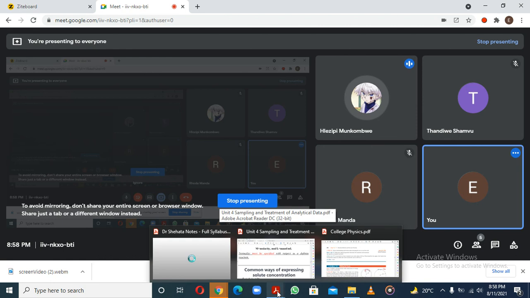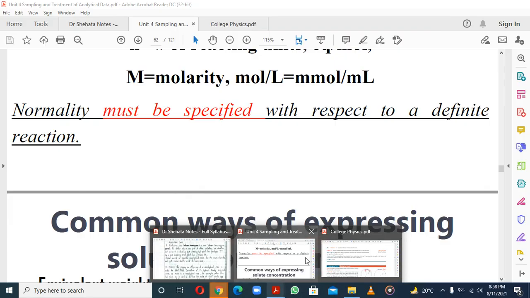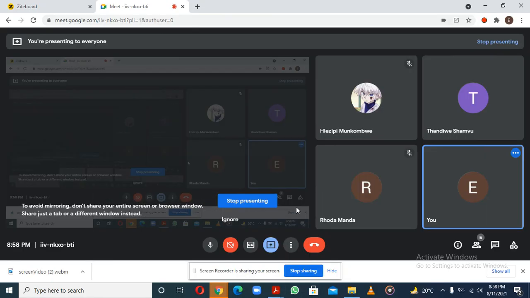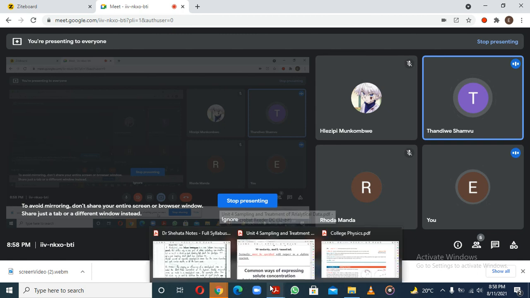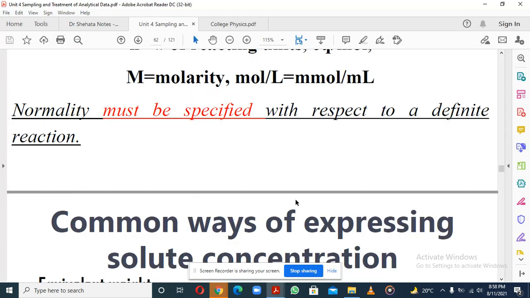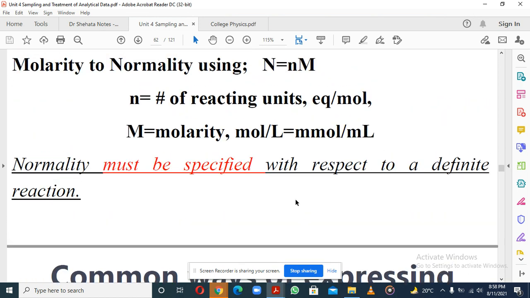Okay, really? You can see it, right? Like you can see the notes, right? Okay, so for those that are not able to see, you can just log out, then log in.